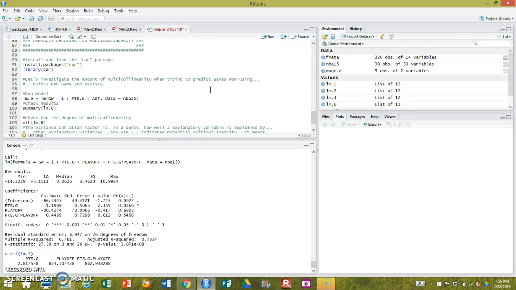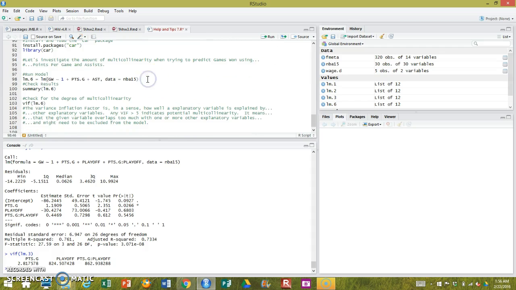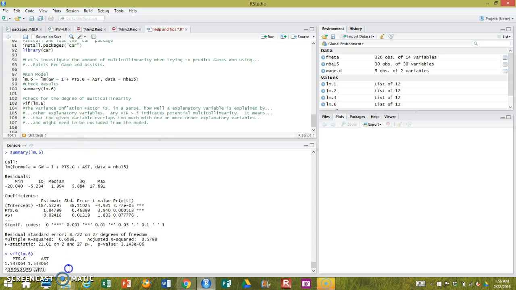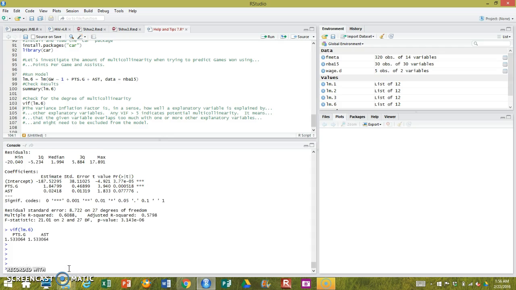And in contrast to this, in my original collinearity example between points per game and assists as explanatory variables, assists is not statistically significant. But when we look at the VIFs, it's probably not because of multicollinearity.